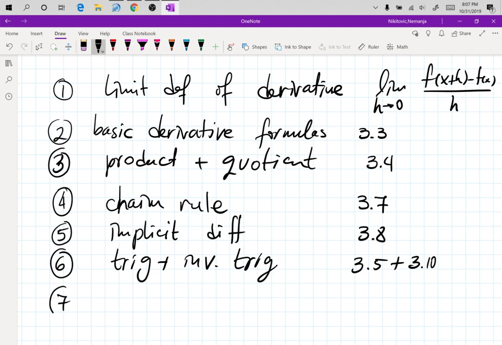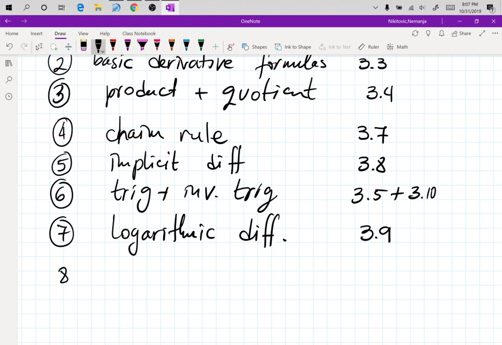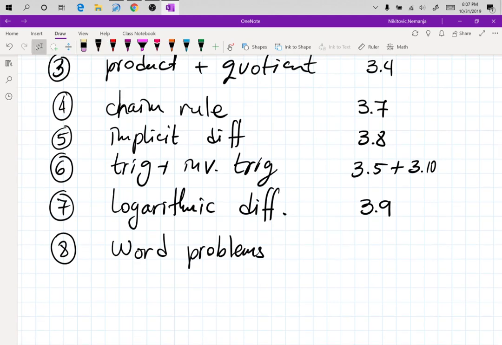Then we have logarithmic differentiation, 3.9. And finally, word problems, well, not finally, there's one more after word problems.